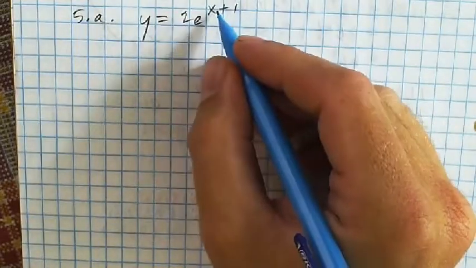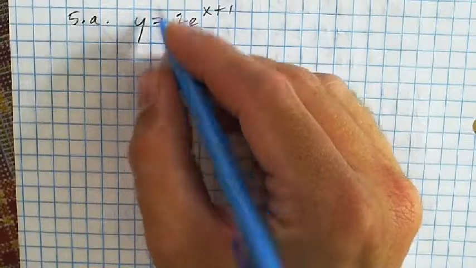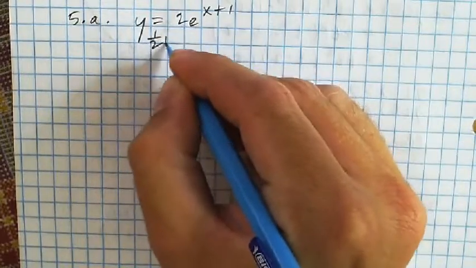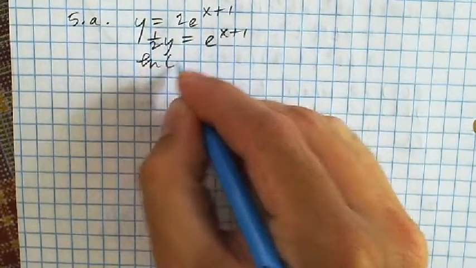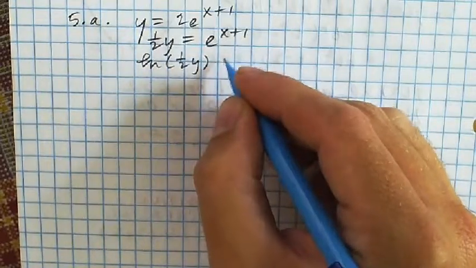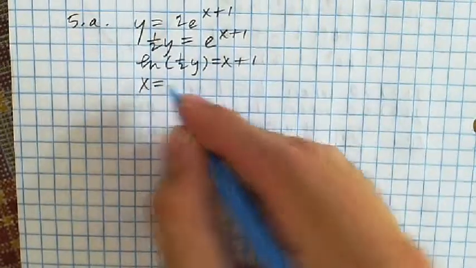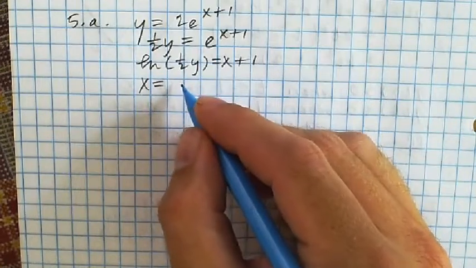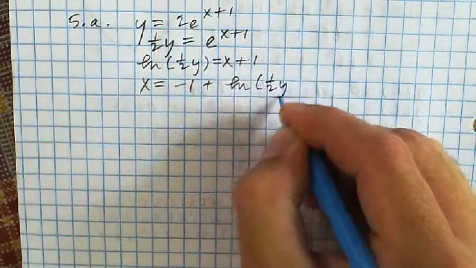Well, that means if I want to solve for x in terms of y, half of y is equal to e to the x plus 1, meaning the log of a half of y is equal to x plus 1, meaning that x is equal to negative 1 plus the log of 1/2 of y.